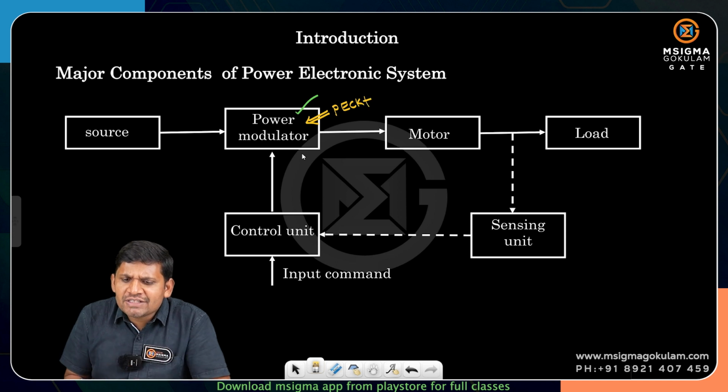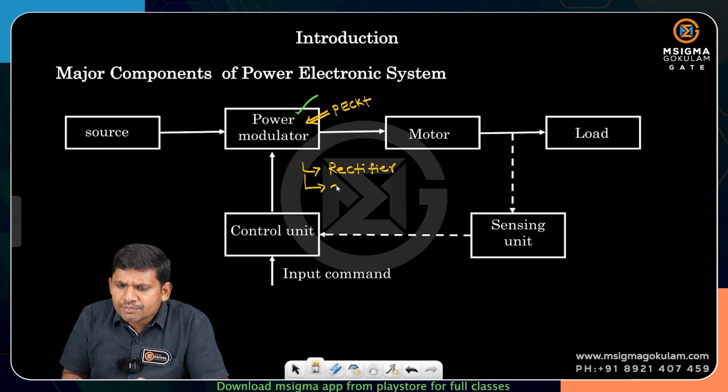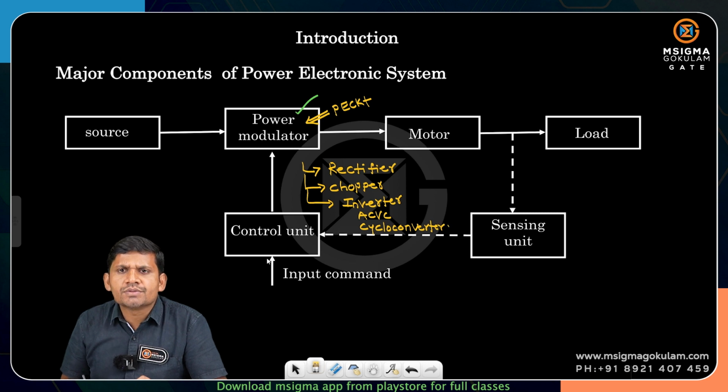This power electronic circuit may be a rectifier, or it may be a chopper. Based on the application, we can use different power electronic modulators, or it may be an inverter, or AC voltage controller, cycloconverter.